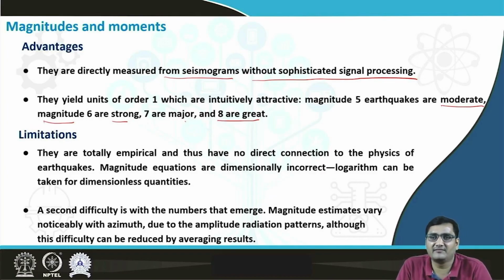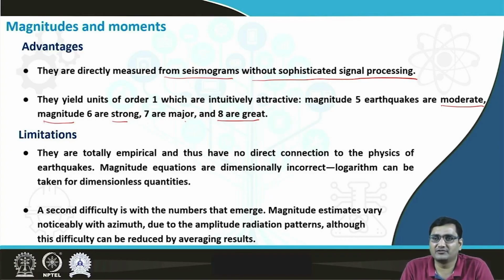We just have certain values plotted on a piece of graph paper, and then we draw lines or best-fitting curves to find the formula. Those are empirical and thus have no direct connection to the physics of the earthquake. That means we are not involving any geometrical or geological parameter of the fault involved in the occurrence of the particular earthquake.